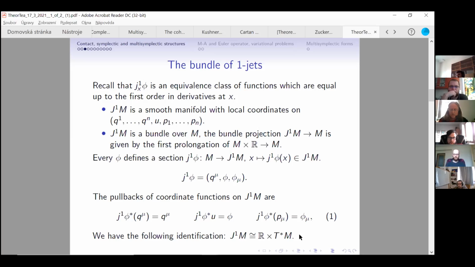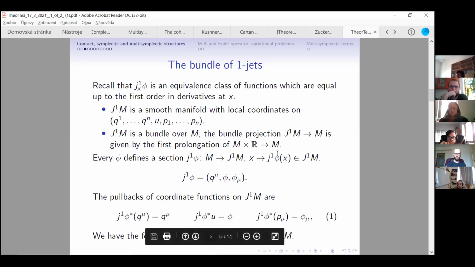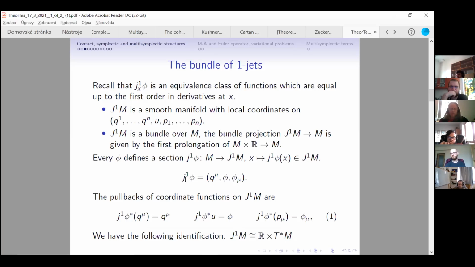We will be dealing with so-called Monge-Ampere operators, and essentially these operators are defined via the pullback along these sections J1 phi. It might almost be confusing to call those operators Monge-Ampere operators, but in fact, it is a natural generalization because those operators give rise to a generalization of Monge-Ampere equations, the standard Monge-Ampere equations that probably many of you know.